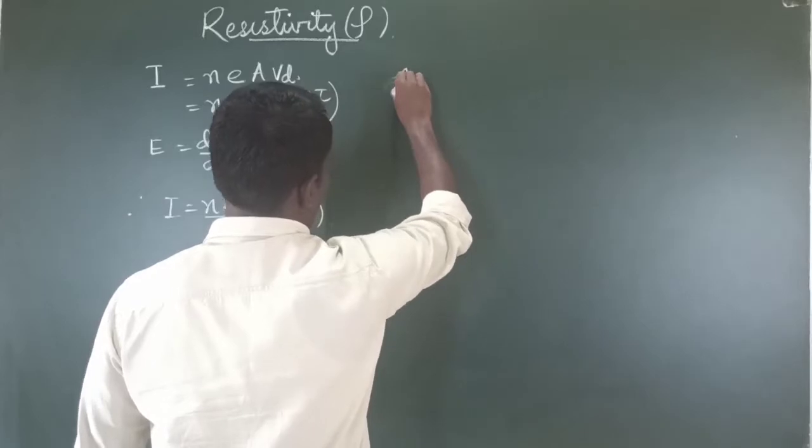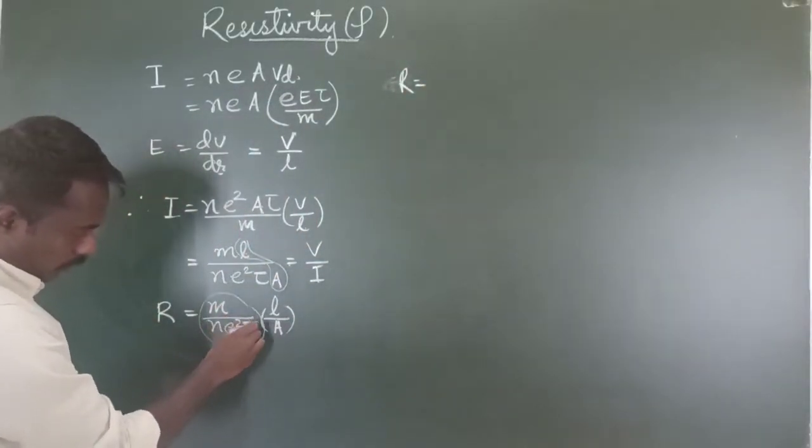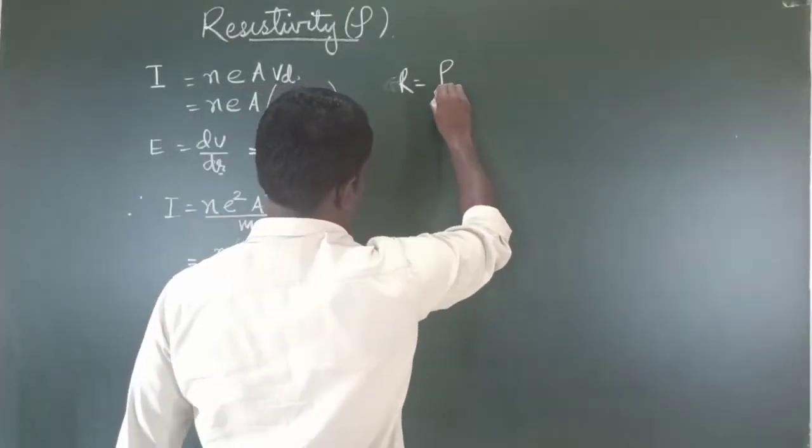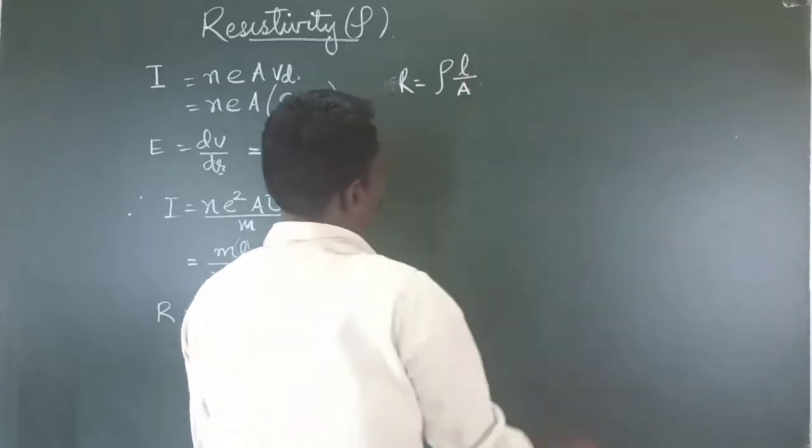We can write R is equal to M divided by N E square tau, which can be written as rho into L by A.